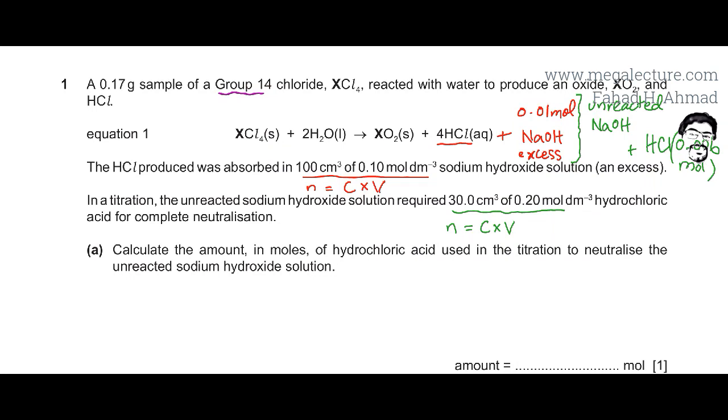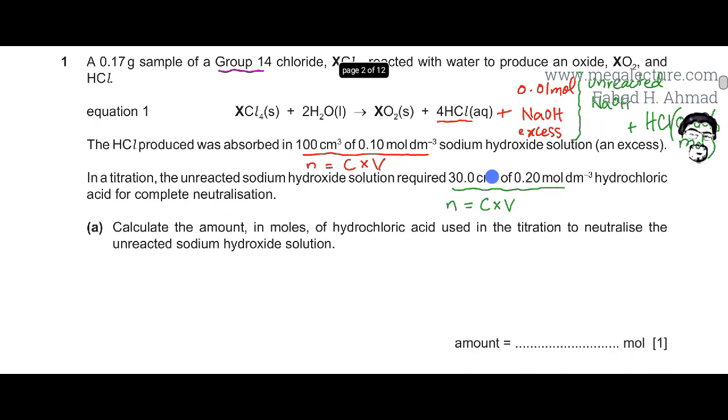I've already solved some of the parts. So now we're going to solve the complete question, going step by step. The first part, option A, is you need to calculate the amount in moles of HCl used in the titration to neutralize the unreacted NaOH. I've already done the calculation. The HCl used for that unreacted NaOH is 30 cm³ at 0.2 mol/dm³.